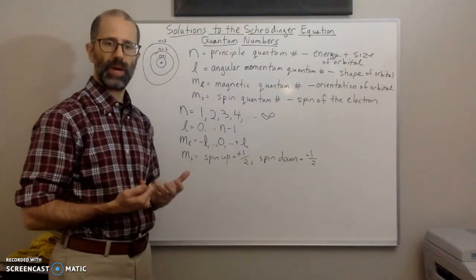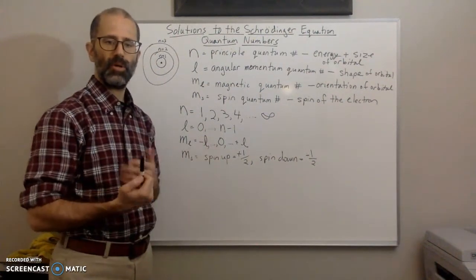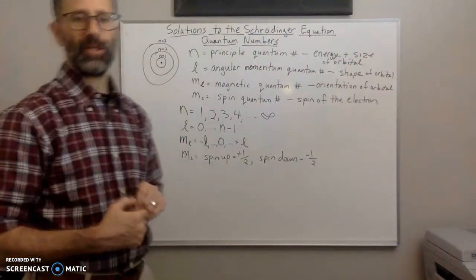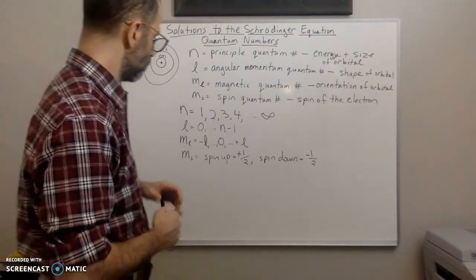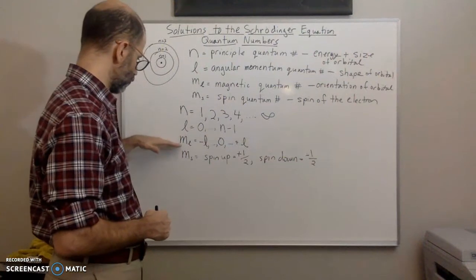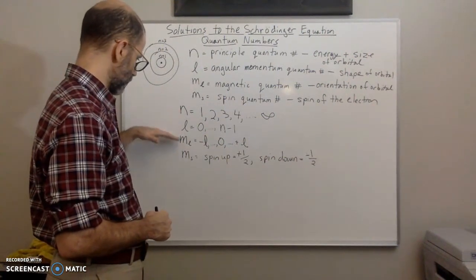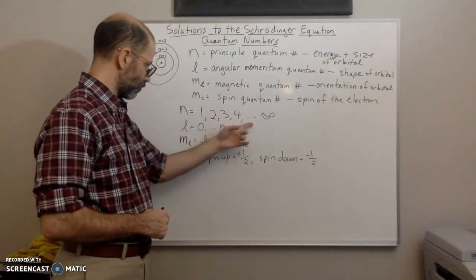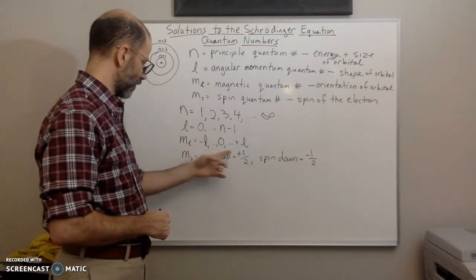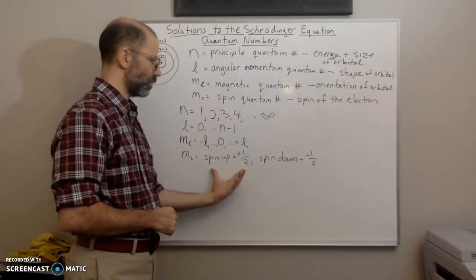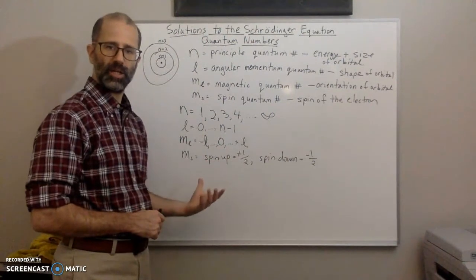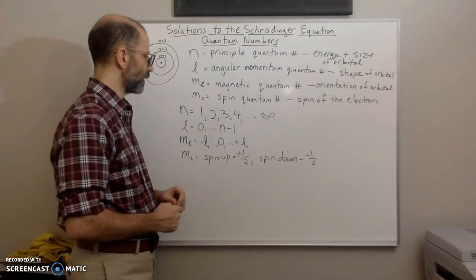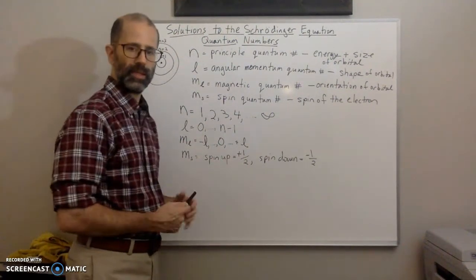So you only have two possible spins. You're either spin up or spin down. So these are how you relate the numbers together. These are the values and the range of values you can get for each of the numbers.